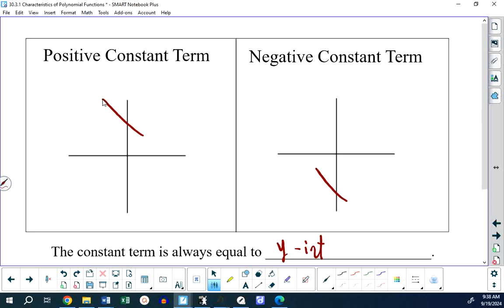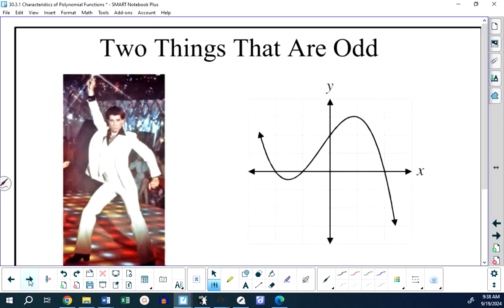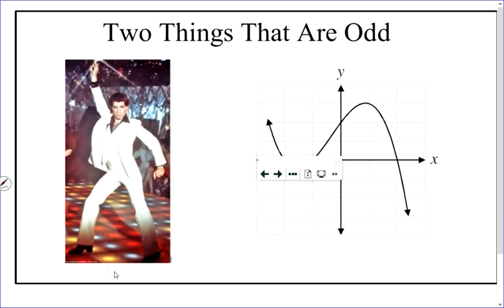So this is why, if you go to the title, the cover page of your unit handout, I say 2 things that are odd. And this picture was a serious picture in 1970, I want to say 77. I think this is Saturday Night Fever. Classic movie.